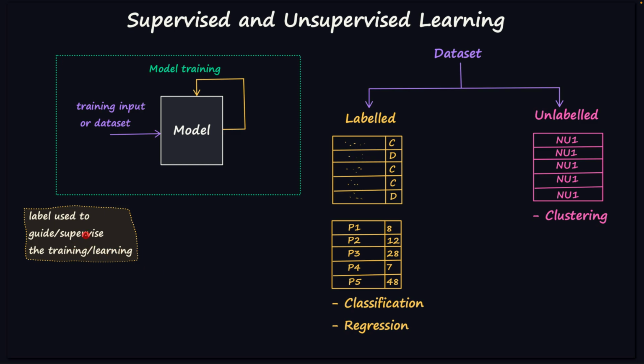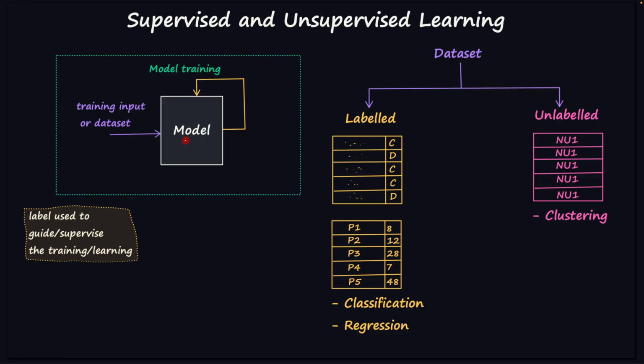If we use the label to guide or supervise the training, in here, if we pass this data set where we have a bunch of images with their labels, or this data set with the set of person details with their age, to train this model, this known expected outcome will be used in the feedback loop.